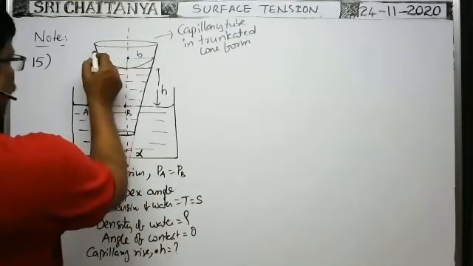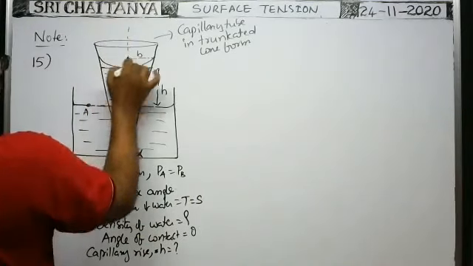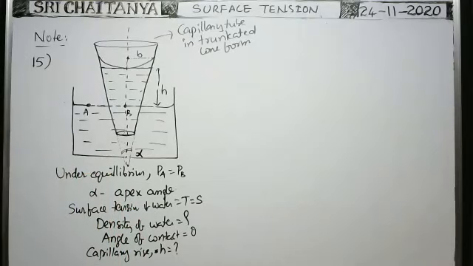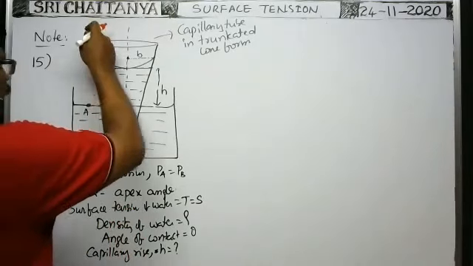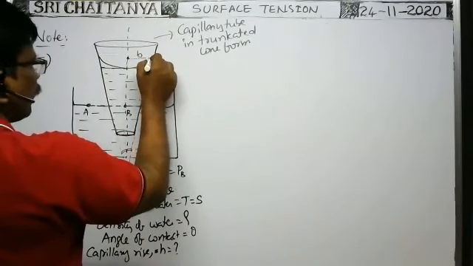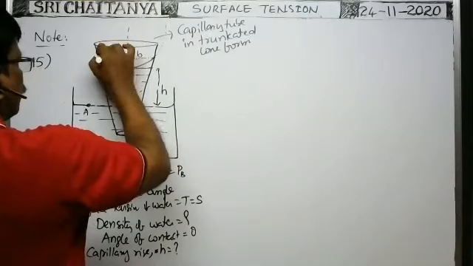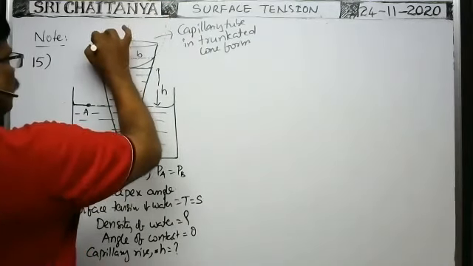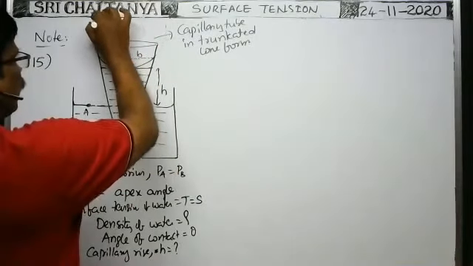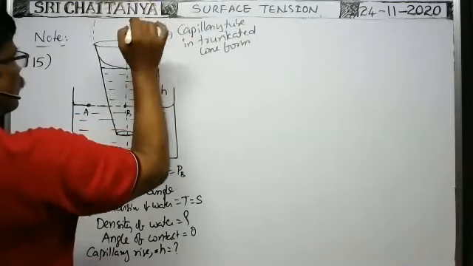Here, the shape of the meniscus is like this, no? Suppose it is a part of a sphere. If you construct the sphere using this meniscus, because it is water and glass, the meniscus is in the form of a sphere like this.